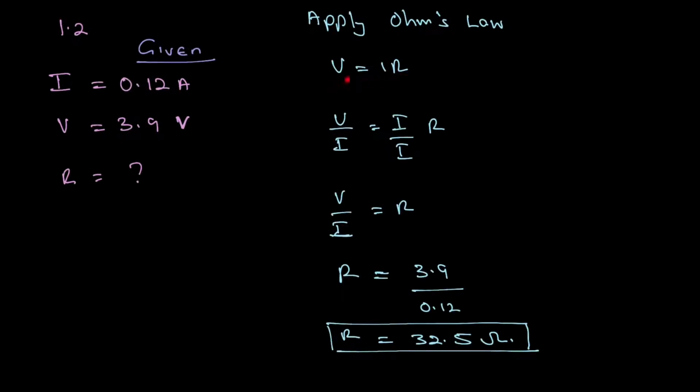If I divide both sides by I, the I cancels, and then we get V over I equals R. Now I'm going to substitute the values for V and I into the equation. So V is 3.9 and I is 0.12. Therefore, if I compute that into the calculator, we get 32.5 ohms.